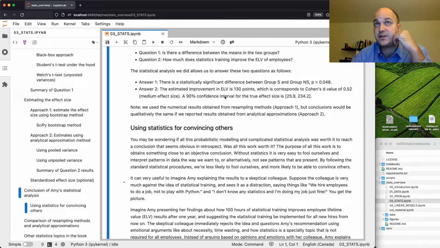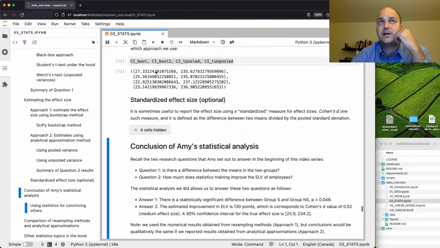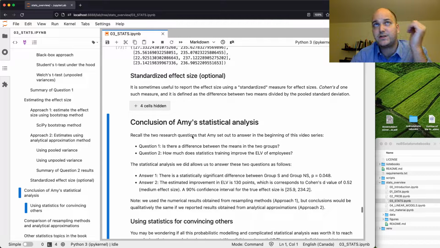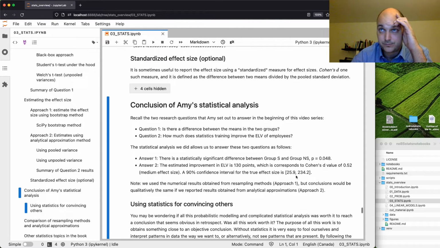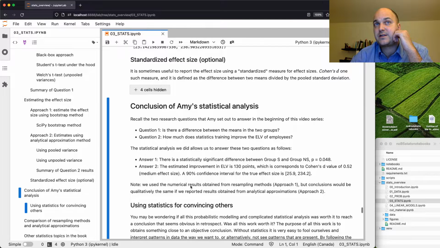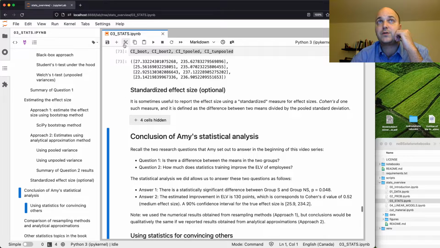The 90% confidence interval I picked, when I wrote this there were different numbers here, is between 25 and 234. So that's the precise answer. You give the number 130, but also say between 27 and 235.